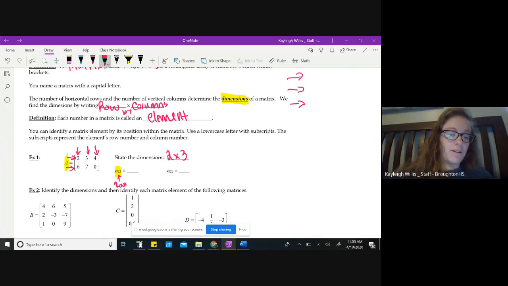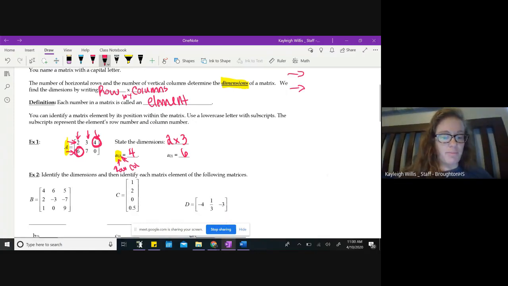And then I'm going to go to the third column. The 3 is the column, so the third column is that 4. First row, third column. The second one, they want second row, first column. That would be the 6.